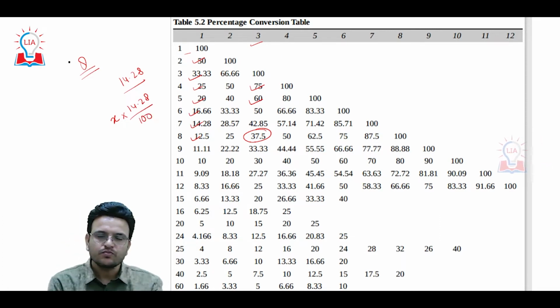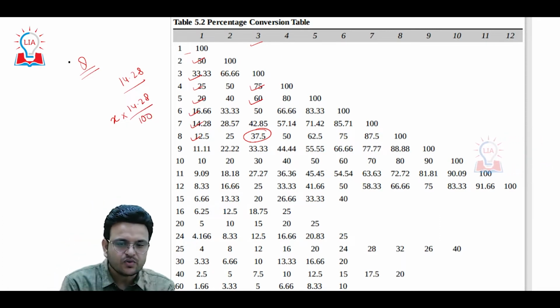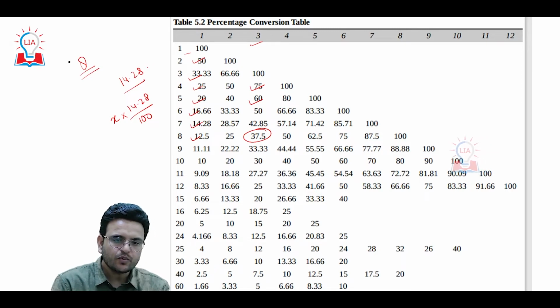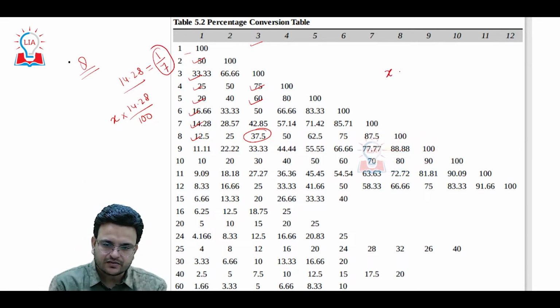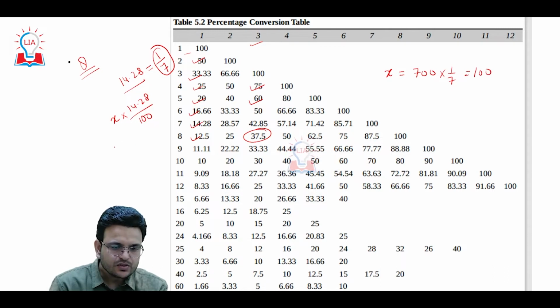When you also know the percentage in the form of ratio, you know 14.28% is equivalent to 1 upon 7. And when you know the value is 700, you can see that it will be 100. If you solve it otherwise, it is very difficult to solve easily.